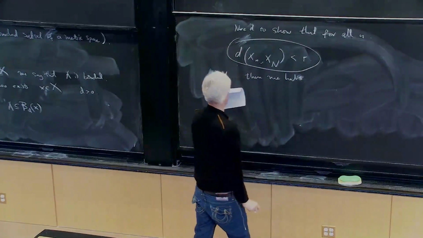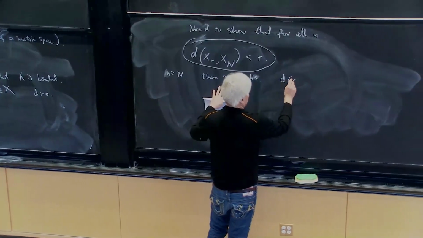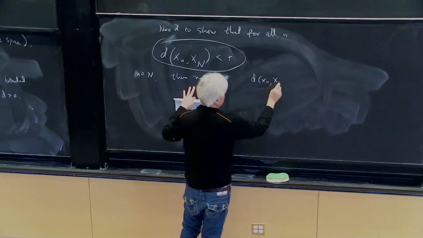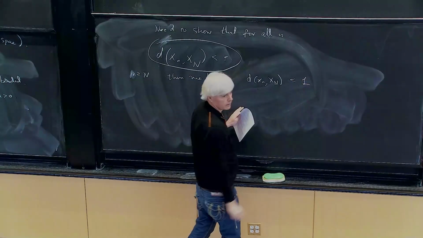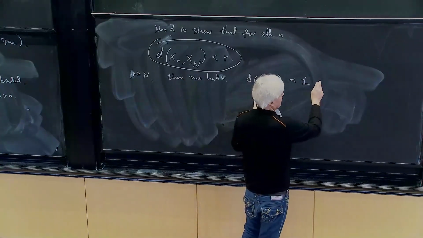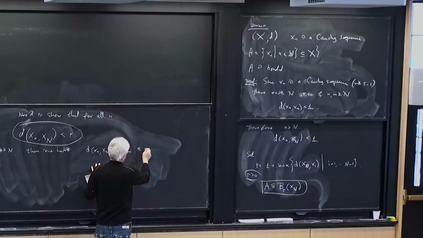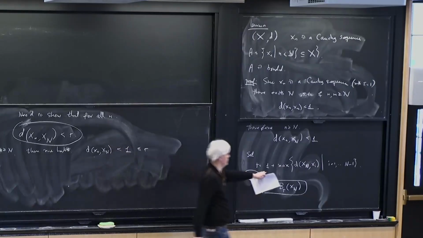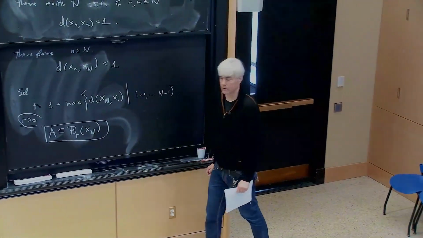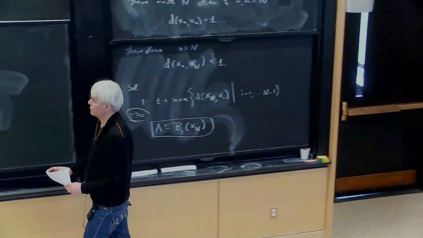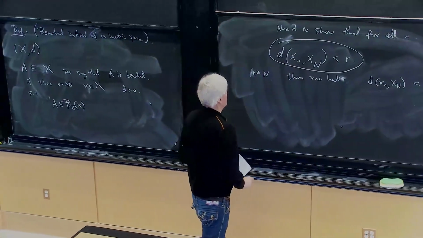If little n is bigger than capital N, then the distance from this little n to this one here, the tail, was less than 1, right? But this is actually less or equal to r, because it was 1 plus this maximum, and this is a maximum over non-negative numbers, right? So for the whole tail, we have this property.